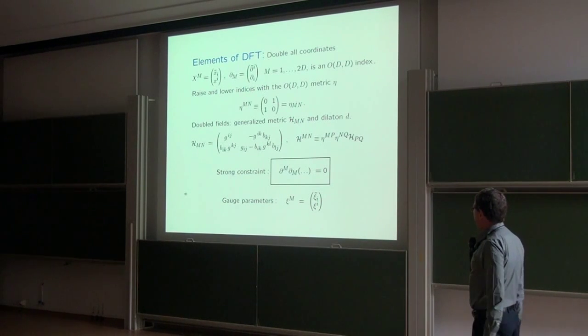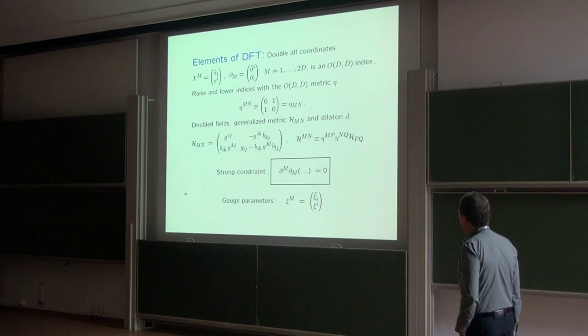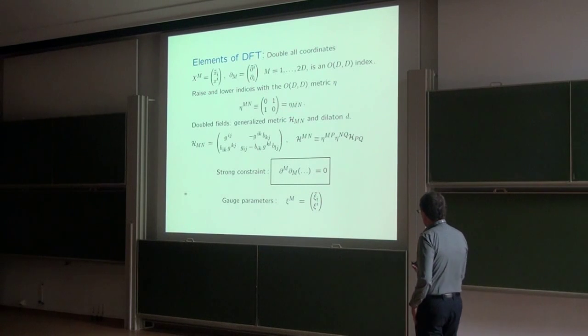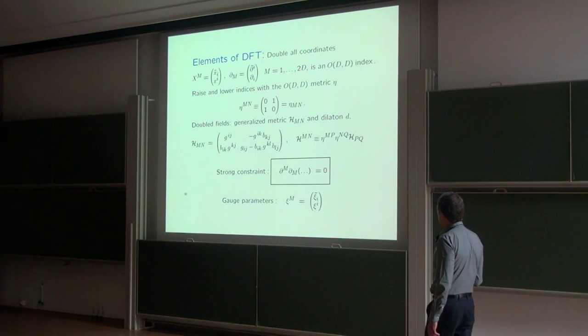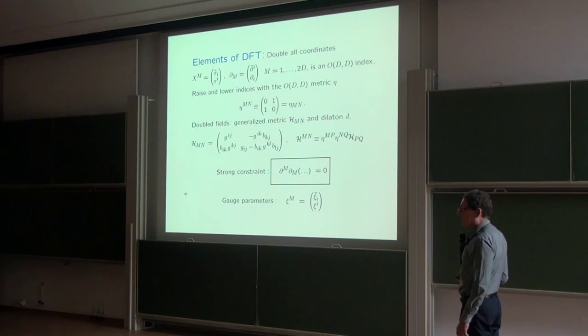For double field theory, we have the following situation. We double all coordinates of space-time. The normal coordinates x^i are doubled. You have the x tilde_i, and they're put together into a set of coordinates with an index that runs over 2d values, where d is the dimension of space-time.